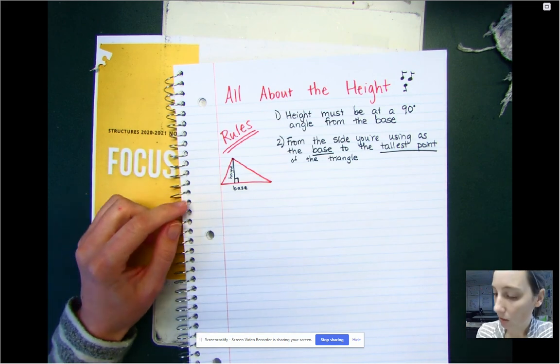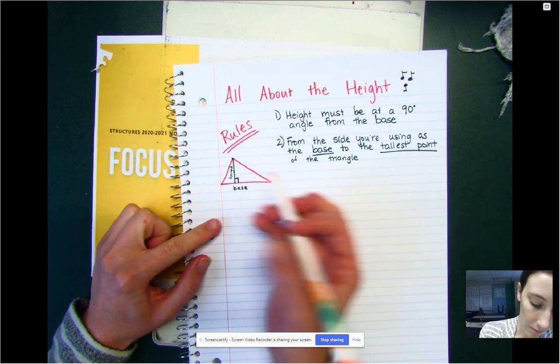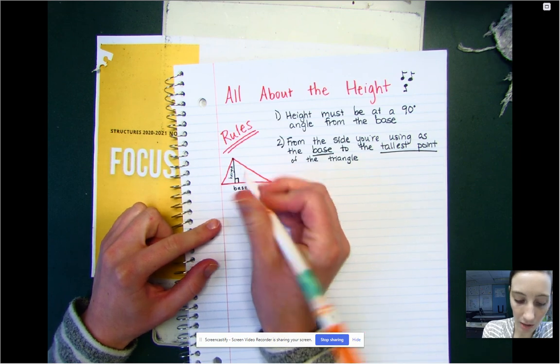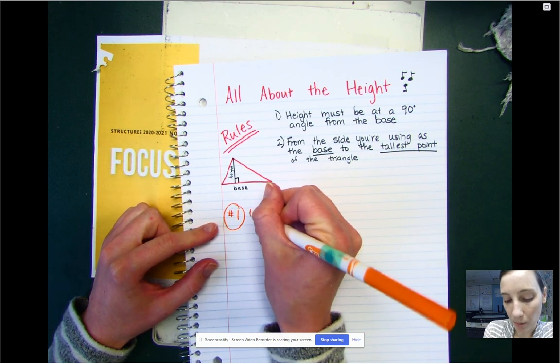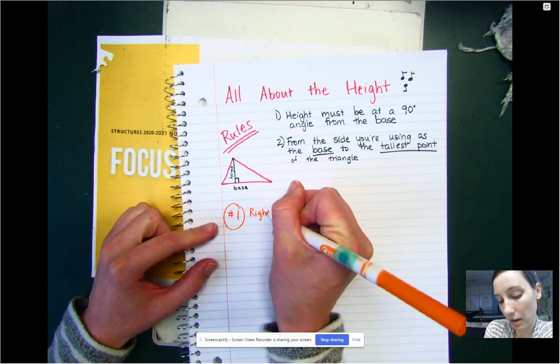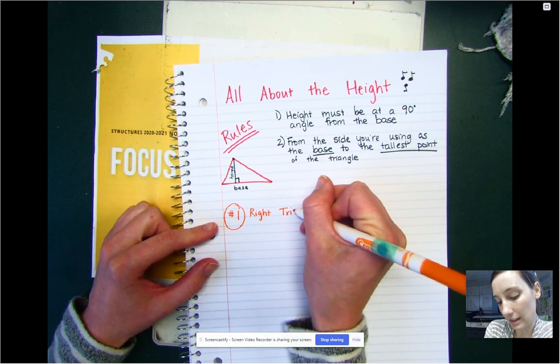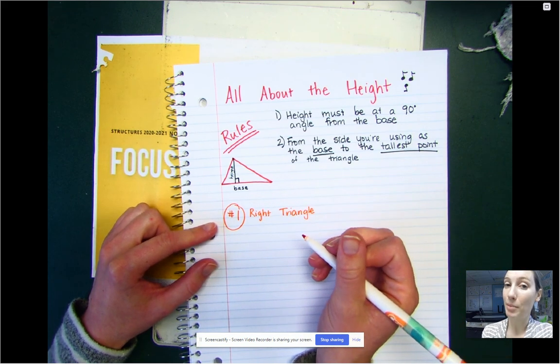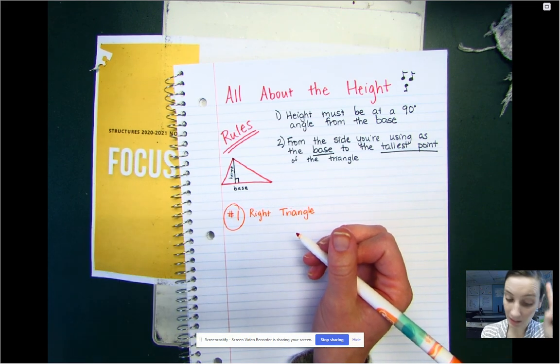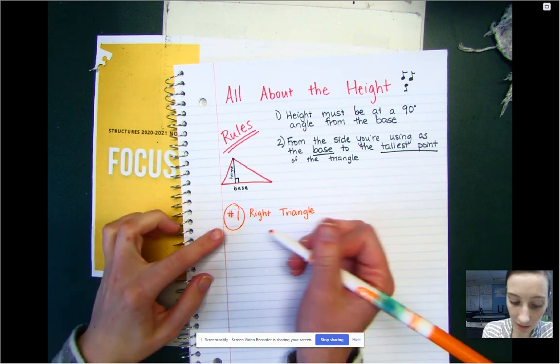Okay, so scenario 1. We have a right triangle. Remember that a right triangle is called a right triangle because it has a right angle. If it has a right angle, that means our base and height are built right in, baked right in.